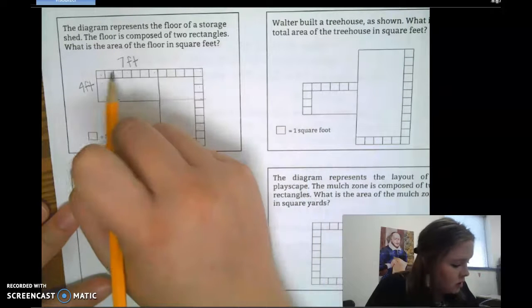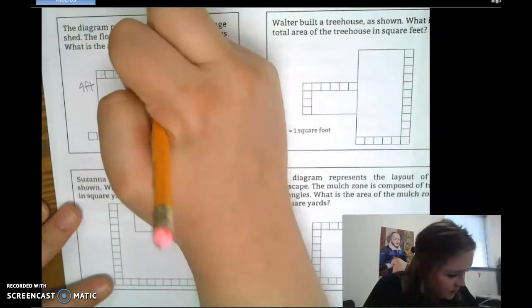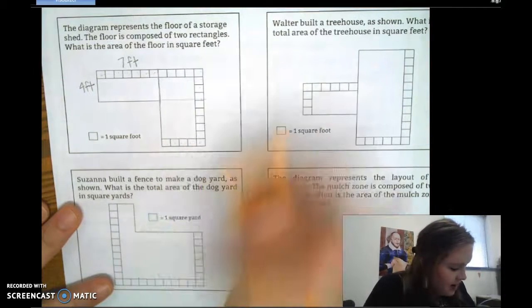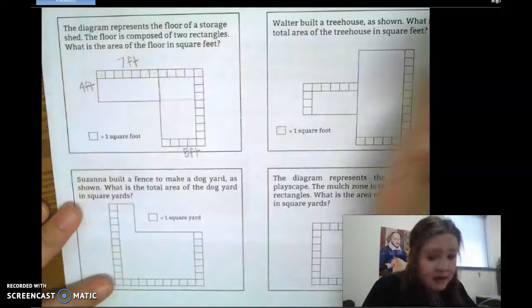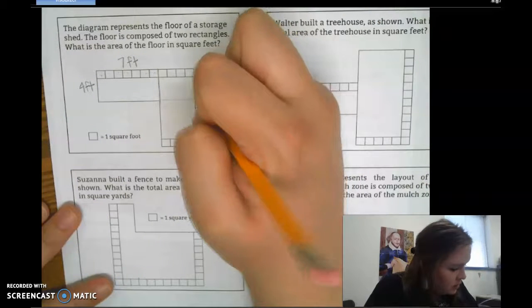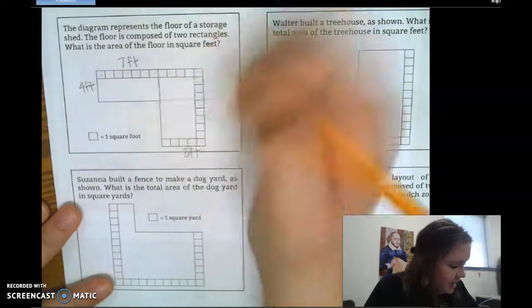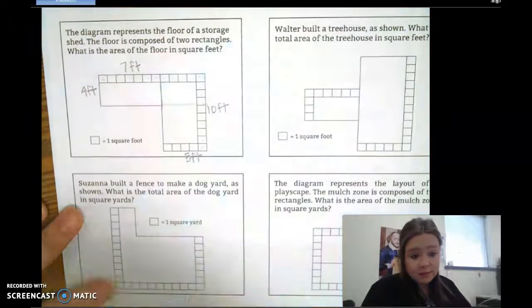Yes, this is 7 right here. Okay? 1, 2, 3, 4, 5. 5 feet. 1, 2, 3, 4, 5, 6, 7, 8, 9, 10. 10 feet. Okay?